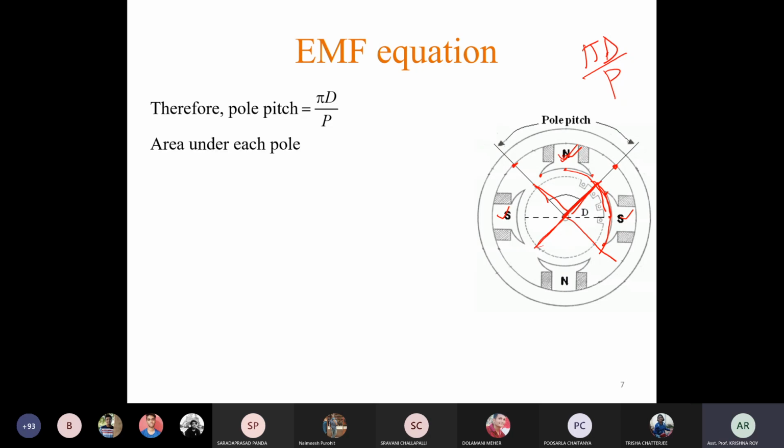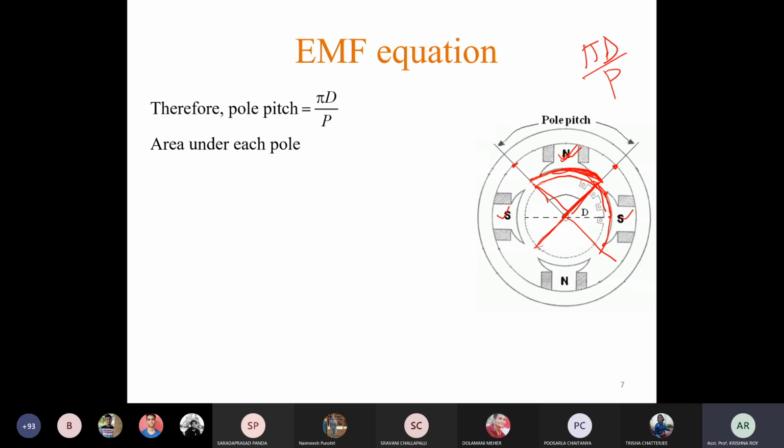Next, area under each pole. Here we are considering that this air gap length is very small, so this peripheral distance and this length are basically the same. So area under each pole, what is it? We have to multiply this length by the length of the rotor, which is the same as the length of this pole shoe.